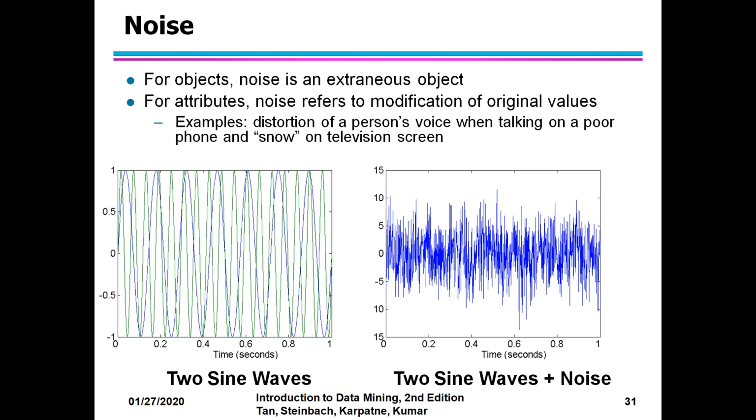Consider, for example, that for objects, noise is an extraneous object. Whenever you are recording a voice, the temperature, or the humidity, or you are recording a song, if noise is added during that recording, that noise gets added to the original signal, and the original signal will lose its original value.